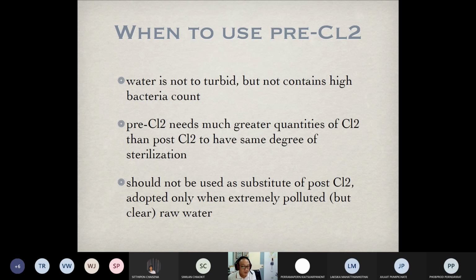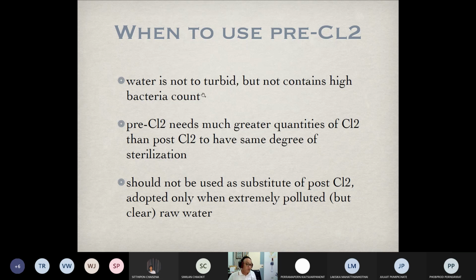Sometimes mixing, sometimes it has to be kept in a sedimentation tank, sometimes the water has to pass through the filters. So there's a possibility that all the chlorine will be gone. So pre-chlorination cannot be the only process where we apply chlorine in the plant. Post-chlorination must be there anyway.